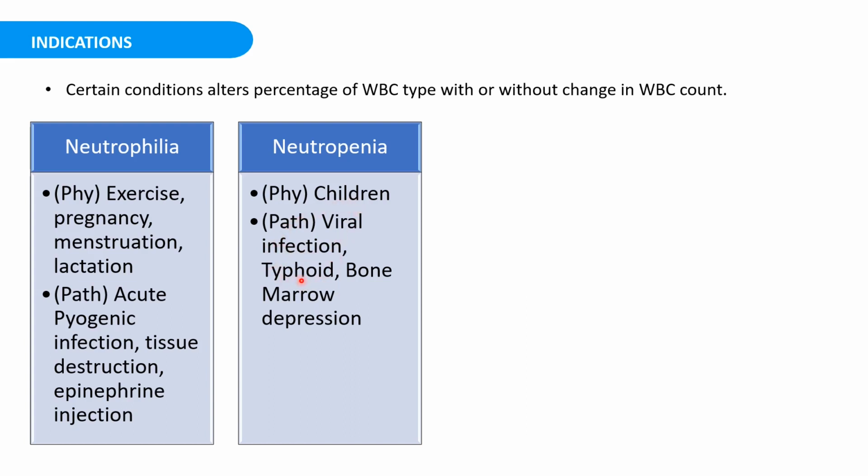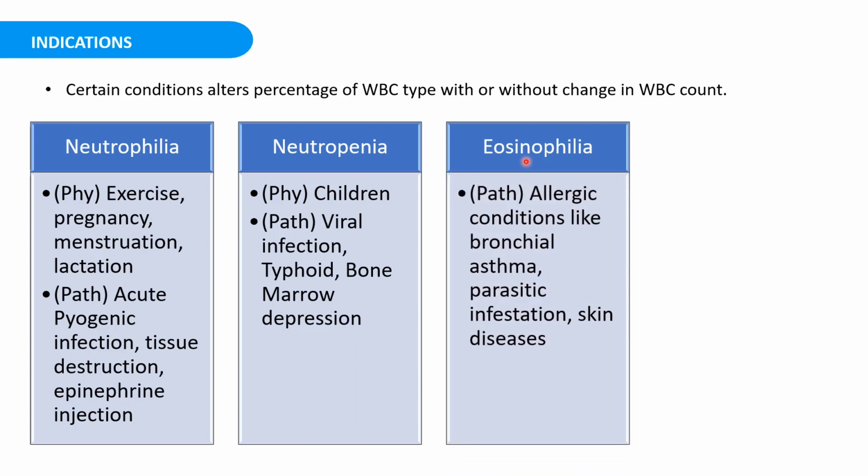Remember these things. Next is eosinophilia. As I said, philia means increase in count. Here the eosinophil percentage is increased, so it is known as eosinophilia. Eosinophils represent allergic conditions, so eosinophilia will be found in allergic conditions.